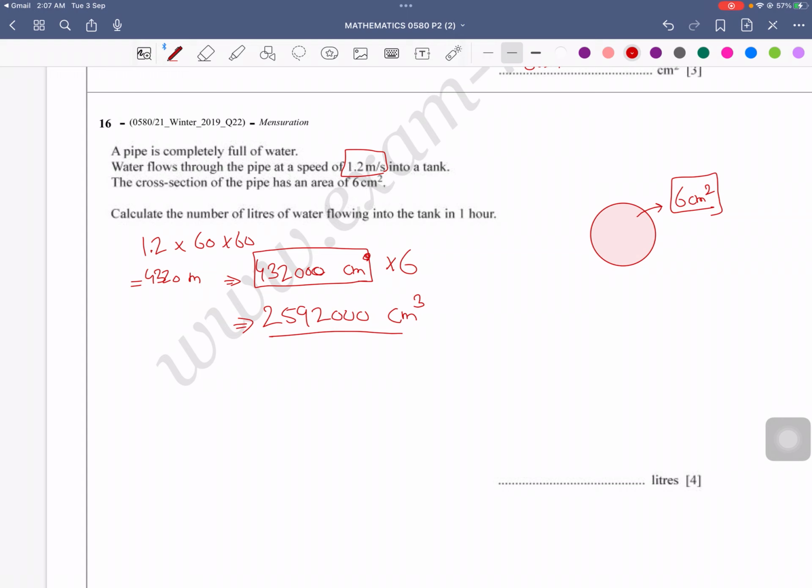Now we just need to find a rate that will convert cubic centimeters to liters. So we say that the relationship is that 1 liter is 1000 cubic centimeters. We don't know how many liters we have, but we do know the amount of cubic centimeters that we have.